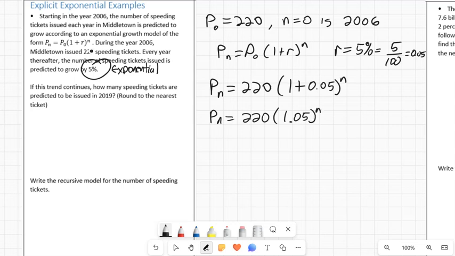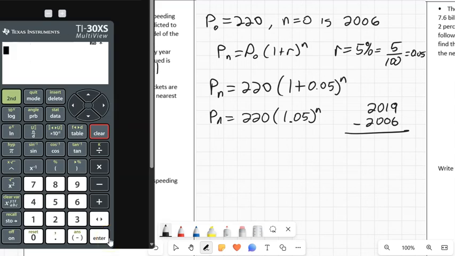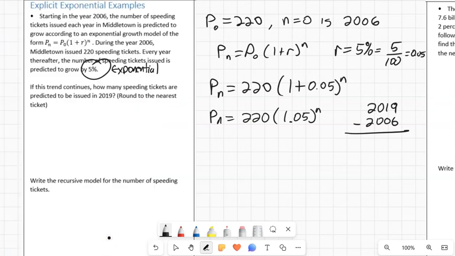But ultimately, if this trend continues, how many speeding tickets are predicted to be issued in 2019? Now, if we take 2019 and we subtract the year that corresponded with our 220, we get 13. So we want to work out P of 13 for this.